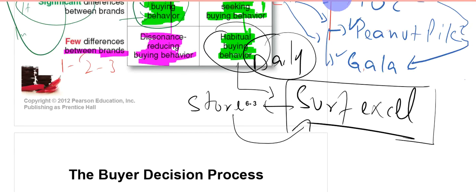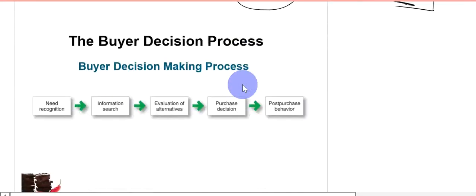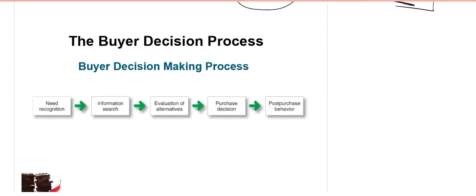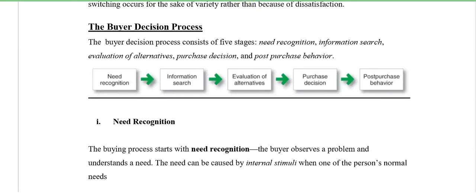Okay. Now students, we will move to the next topic, and the next topic is about the buyer decision process. There are 5 steps of the buyer decision process, and the process starts with need recognition.